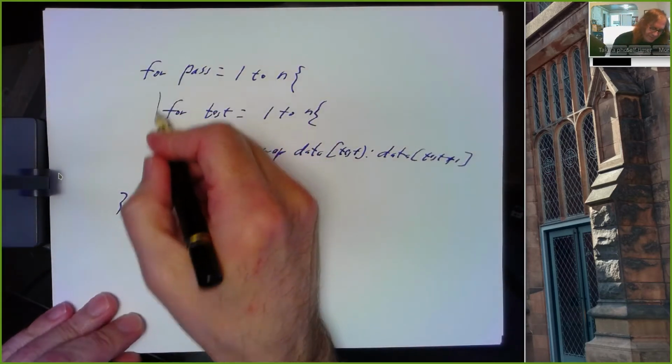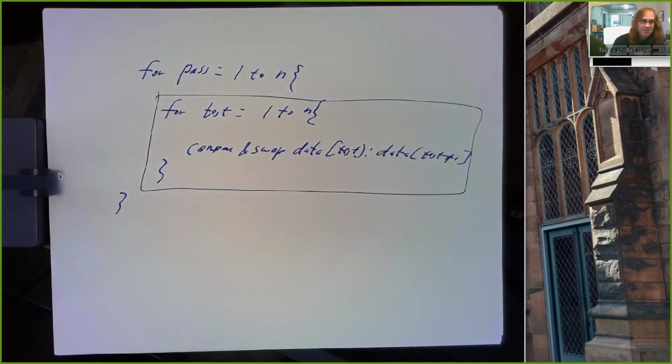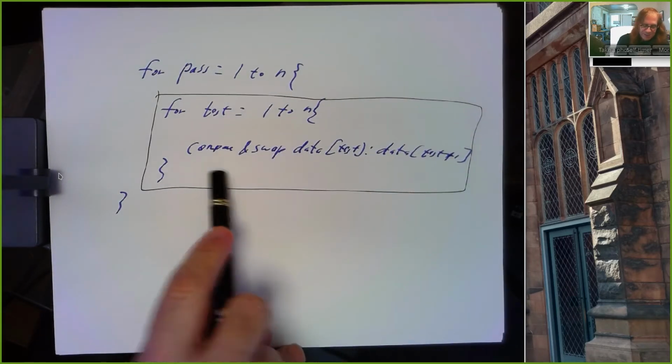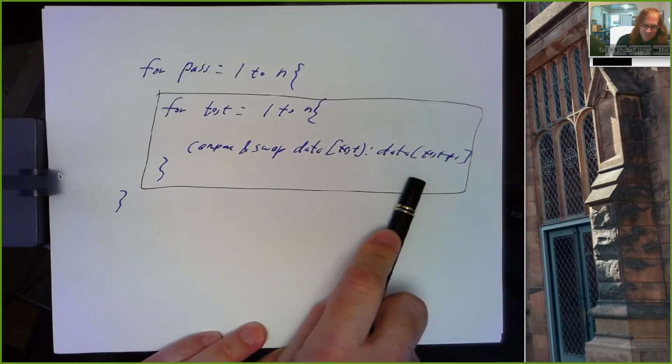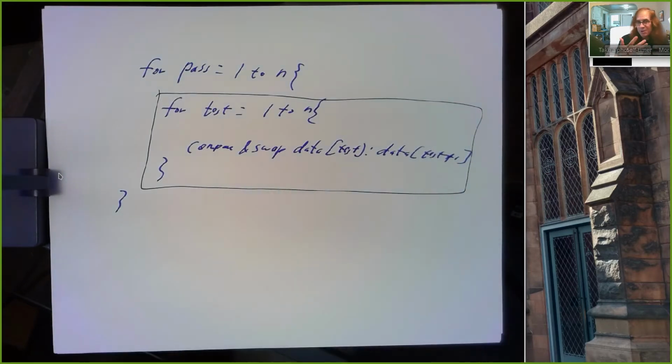We have an inside loop. We call this one pass through the data. And during this pass where we go through each piece of data in our array, we compare that piece of data with the piece of data after it. And if they're in the wrong order, if this piece of data is bigger than that one, we swap them.